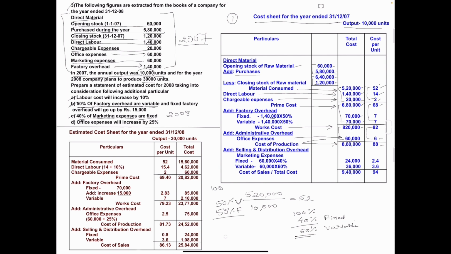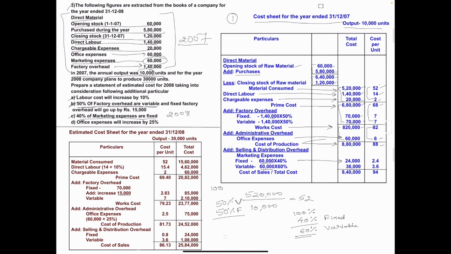So I have written here, add selling and distribution overhead, marketing expenses. So the amount is 60,000. First write fixed, write the amount 60,000 into 40%. You will get 24,000. Next we have to take variable. Amount will be the same, total marketing expenses amount 60,000 into 60%. Understood how we got this 60%?